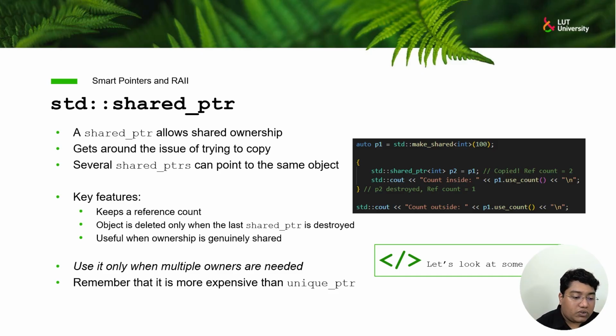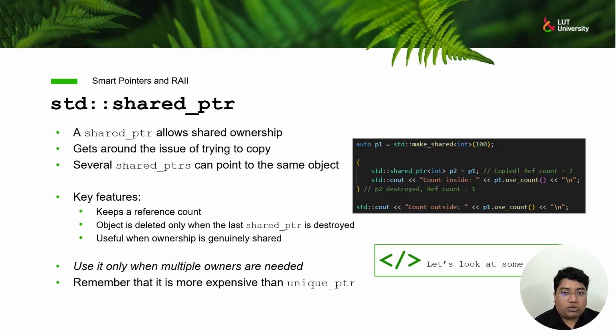Only when that count reaches 0 does the object actually get destroyed. That's a very powerful feature, but it also comes with a cost. Every copy updates the reference count. That means extra work compared to a unique pointer.